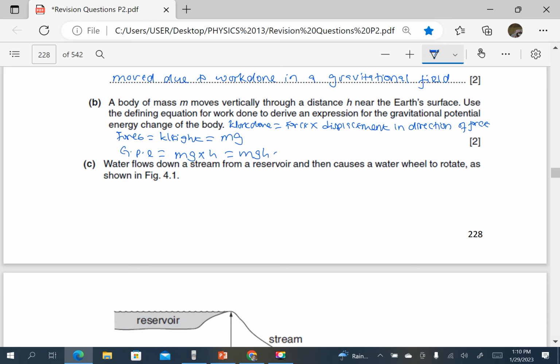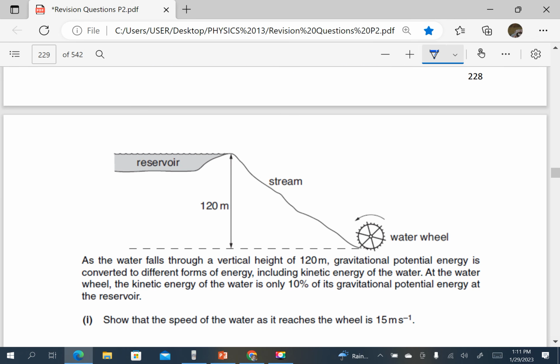Water flows down a stream from a reservoir and then causes a water wheel to rotate, as shown here, so we can see what is happening.